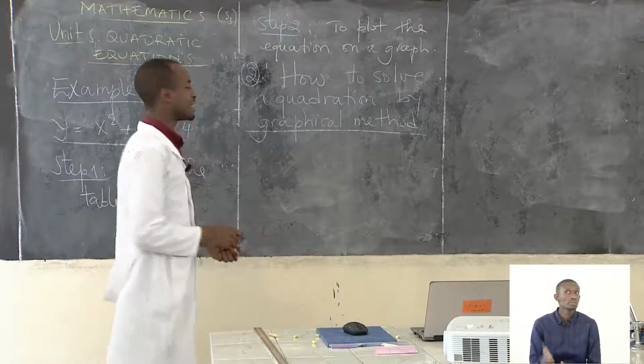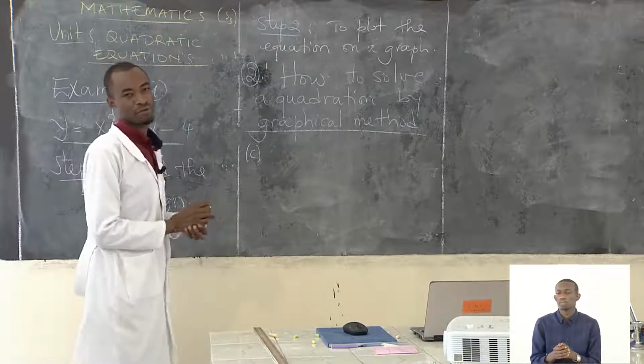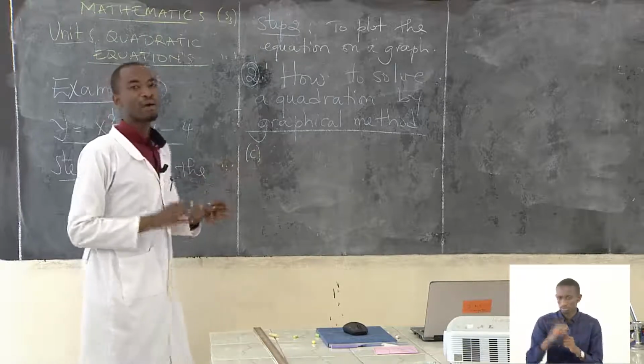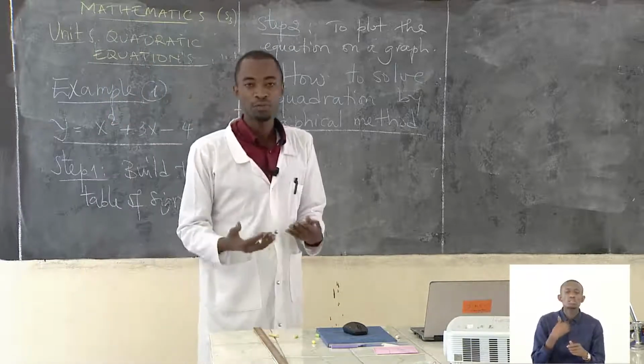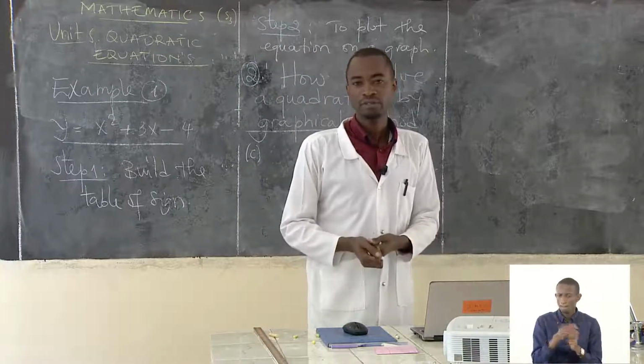This one was regarding sub-question C on that example we had before. And then from here, I want to give you some points you need to follow if you are solving your quadratic equation using graphical method.